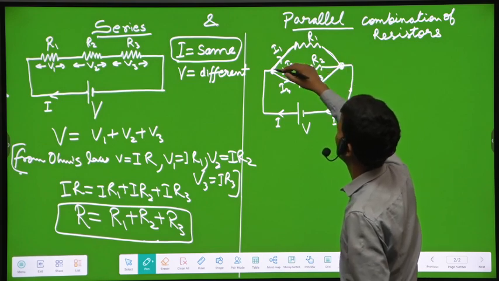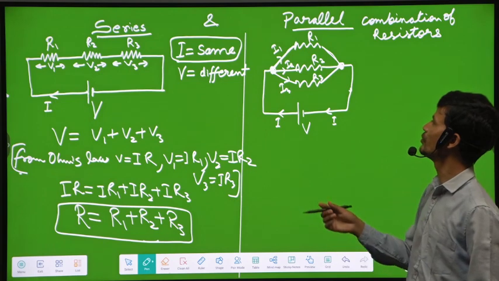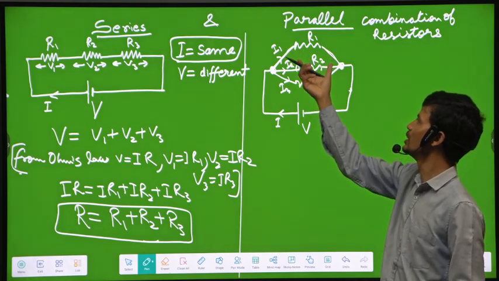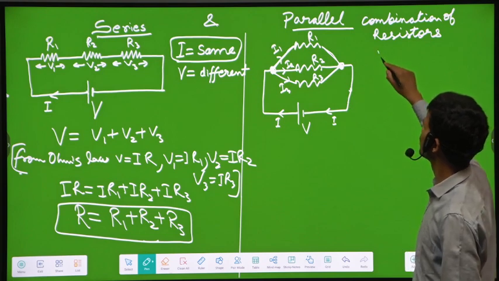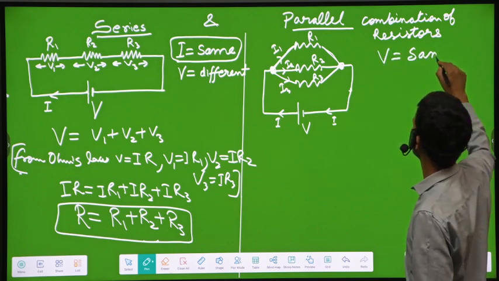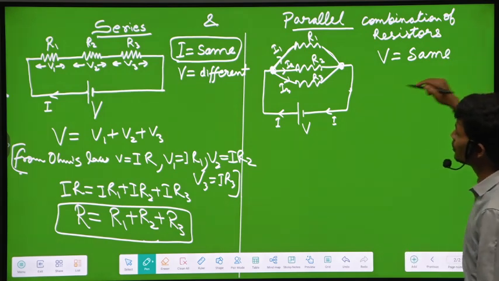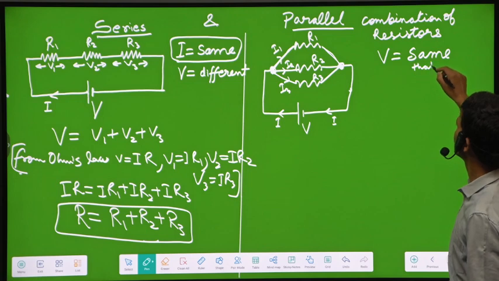All of them are common. So whatever be the potential difference across this will be the same for this, will be the same for this. It means in parallel combination it remains same, and that is equal to the source.